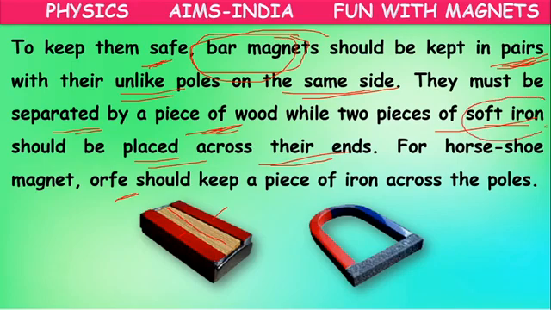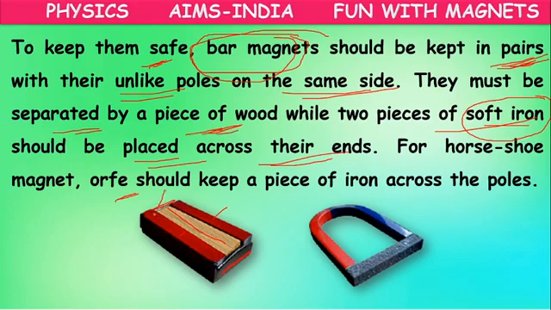And soft iron pieces. Here this is soft iron, here also soft iron. Soft iron means which one it is? Soft iron which acts like a temporary magnet. Okay. Because repulsion force will be greater than the attraction force.